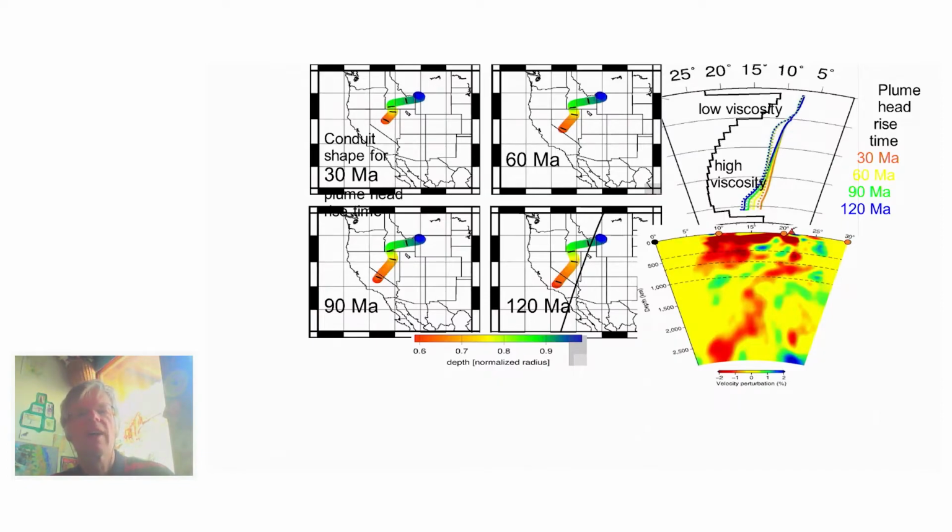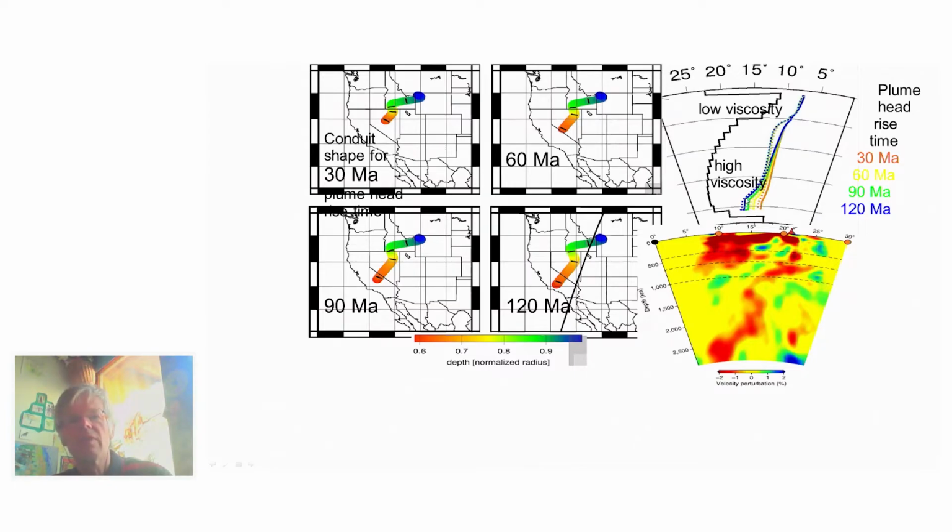In this case, you find you need about 120 million years for the plume head to rise. Then you get the base of the plume situated under Southern California, the top situated under Yellowstone. And there is also this tomographic image by a group of Steve Grand and Peter Nelson was the main author, which shows also a tilted plume conduit, which roughly agrees with what we find with our model.